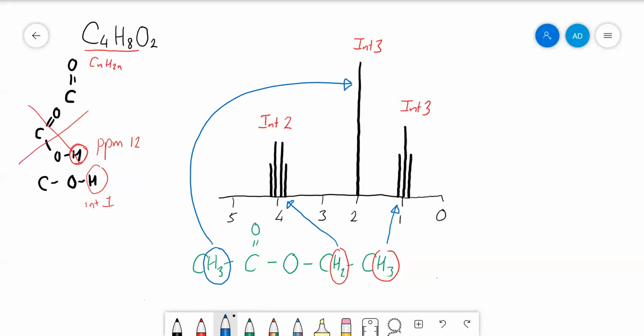Why is it going to be a singlet? Because the carbon next door to it has got no hydrogens attached. It's a carbonyl carbon. Also, let's look at the ppm value of that. The ppm of that is 2, which is very characteristic. Whenever you have hydrogens next door to a carbonyl, it has a ppm of 2. So that's our structure, and we would call that ethyl ethanoate.